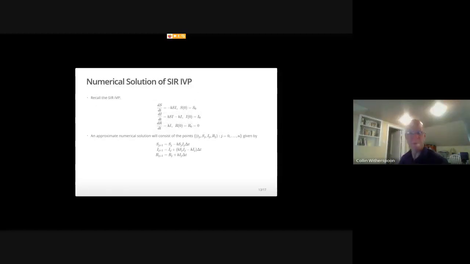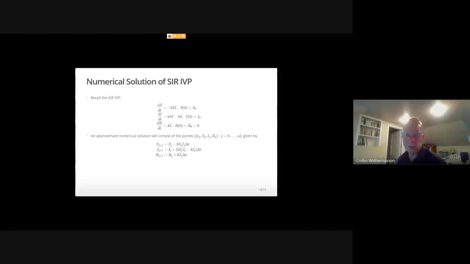That's called Euler's method. There are lots of different methods. There are Runge-Kutta methods, and what are called finite mesh methods. There are all sorts of methods for approximating differential equations and systems using numerical processes.